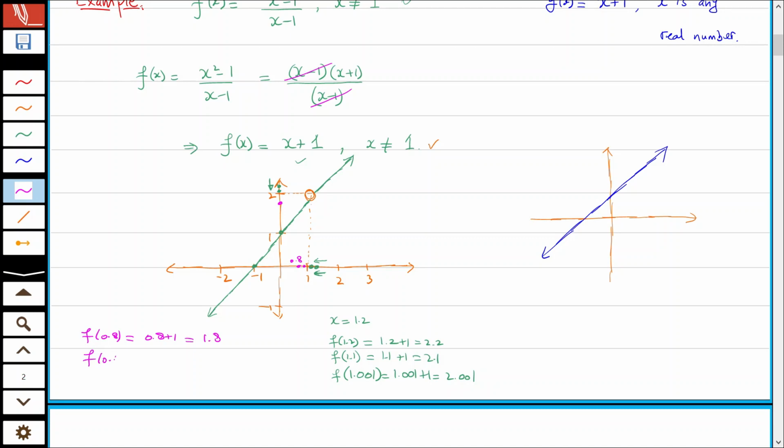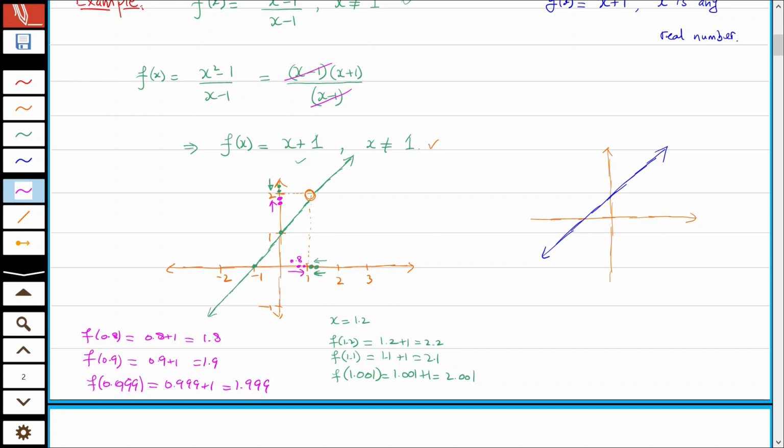F of 0.9 would be 0.9 plus 1. It would be 1.9. I am moving close to 2 over here as well. I go really close to 1 now. 0.999 plus 1 is 1.999. As I go close to 1 from this side, I am getting closer to 2.